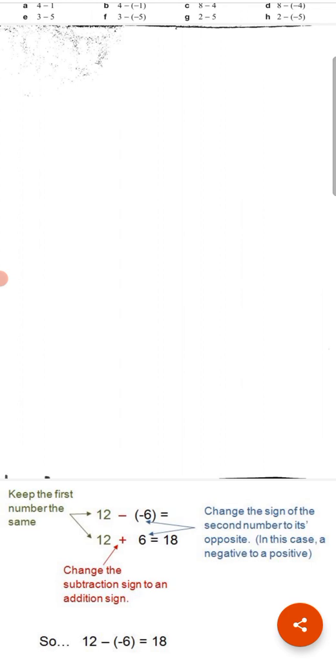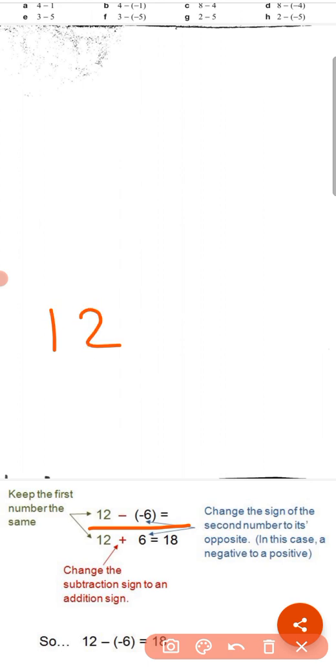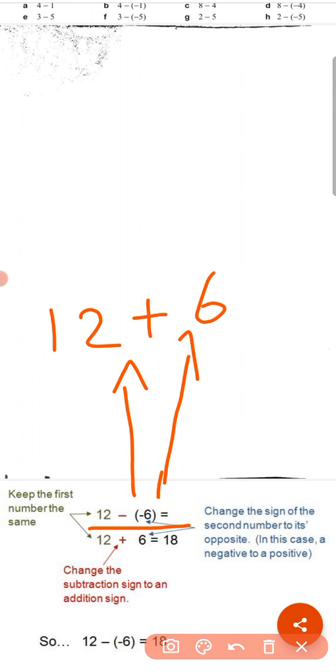Here in this example, keep the first number the same, that is 12.